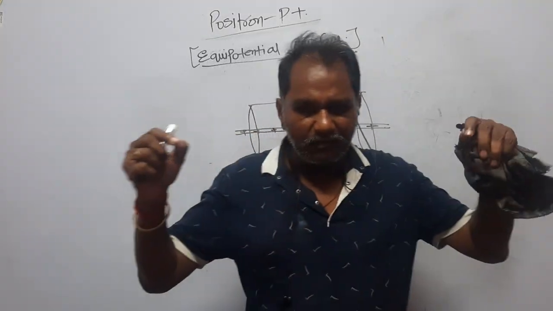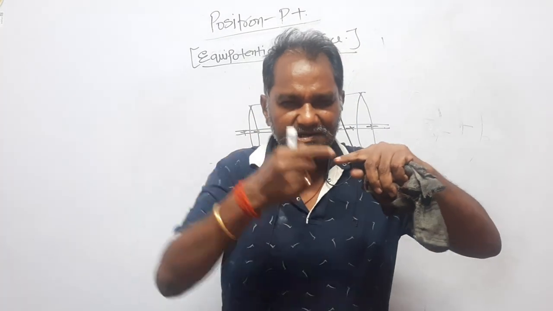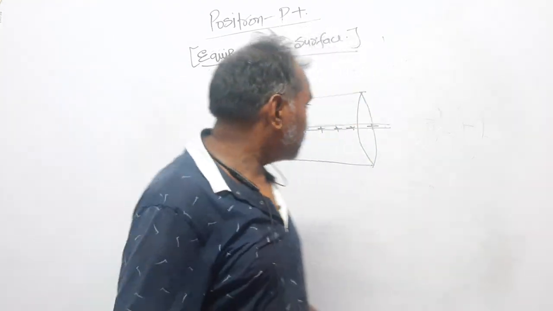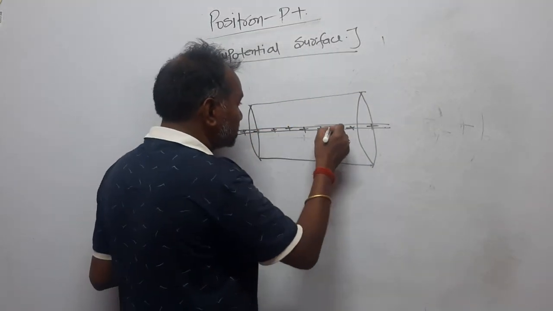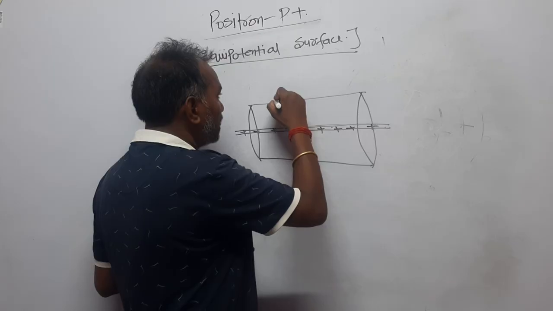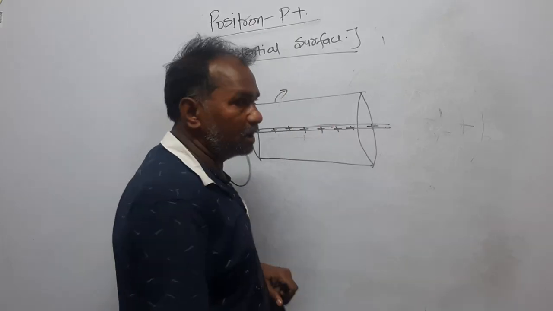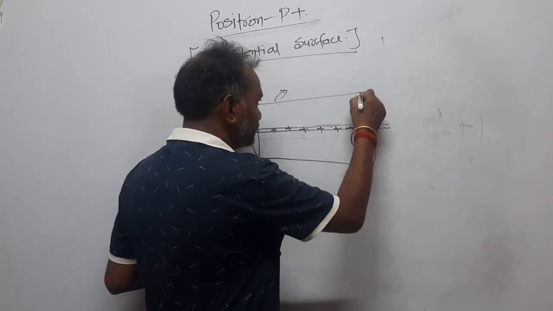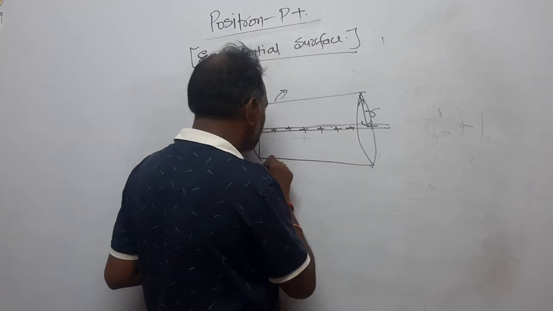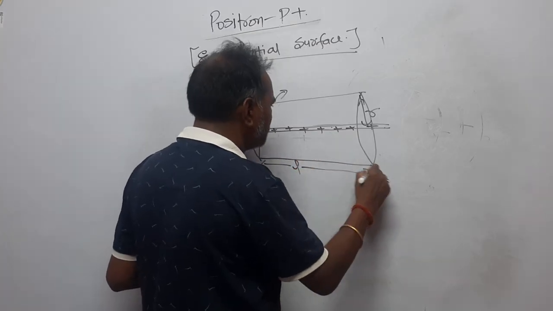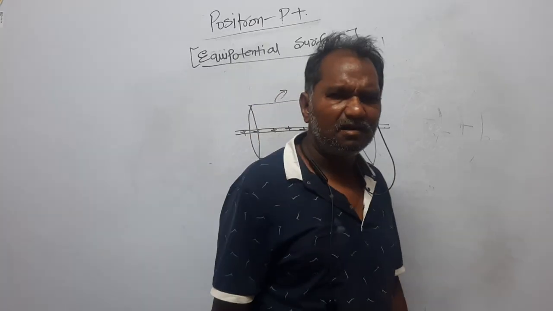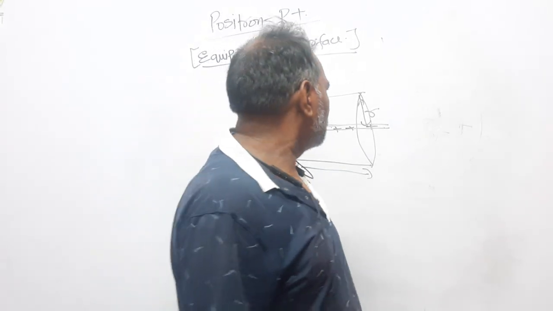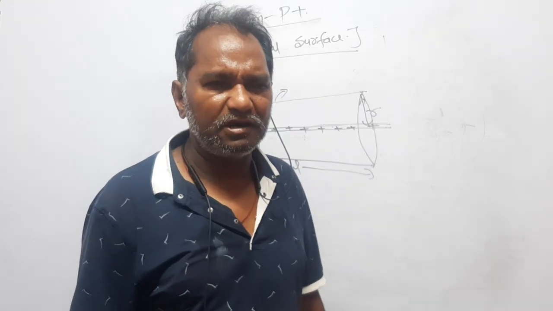If it is a thin wire, the field lines will emerge in all directions. So around this thin wire, you can imagine a hypothetical cylinder of radius small r and length small l. Any hypothetical cylinder of any radial length around the wire will be an example of equipotential surface.